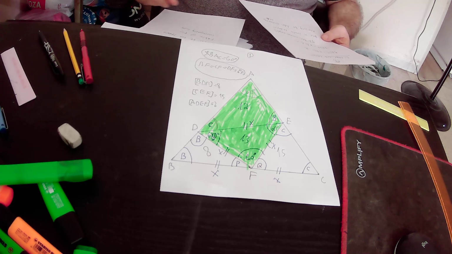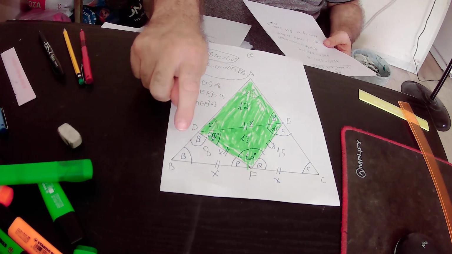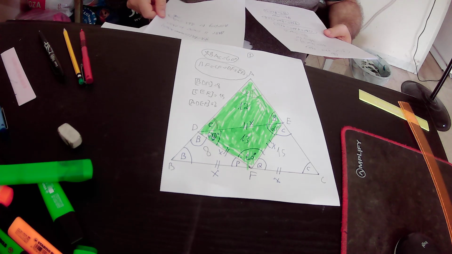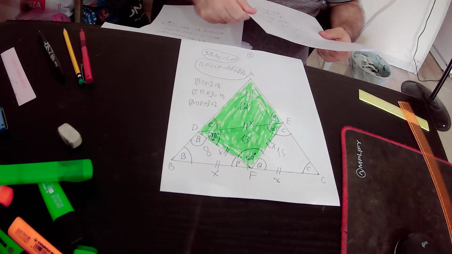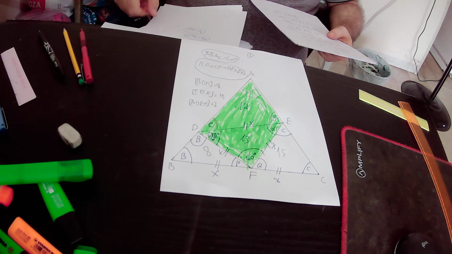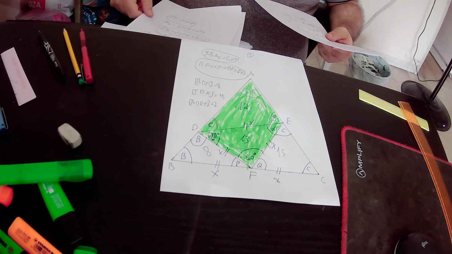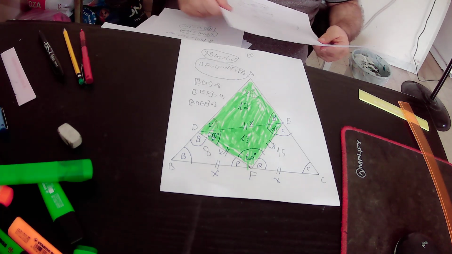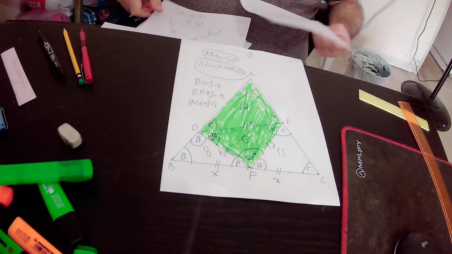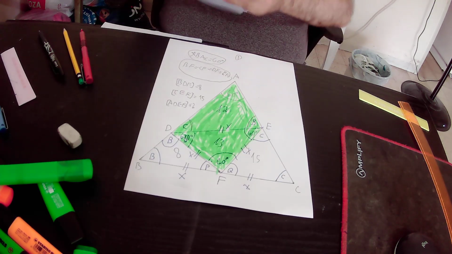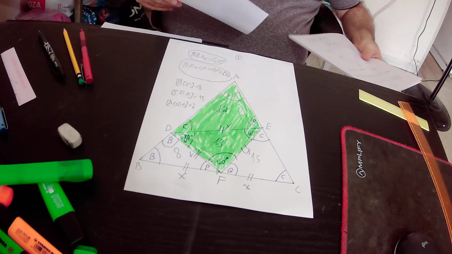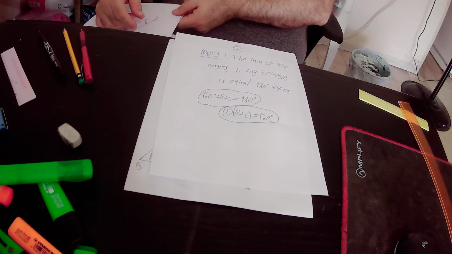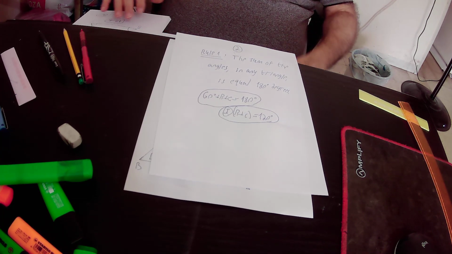So we defined angle ABC as B, and we defined angle ACB as C, and we know that angle BAC equals 60 degrees.